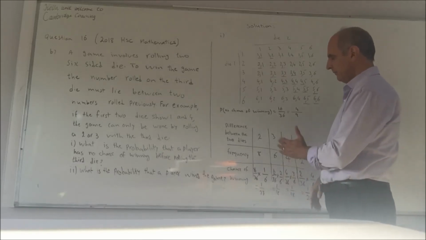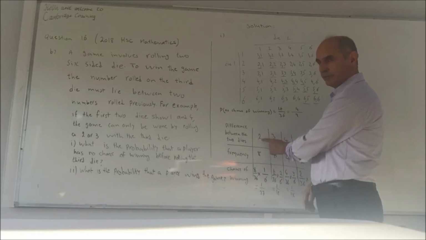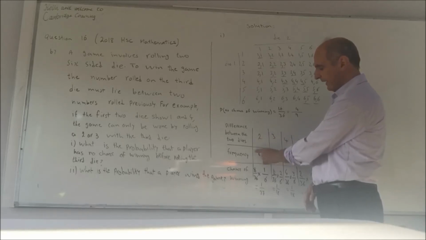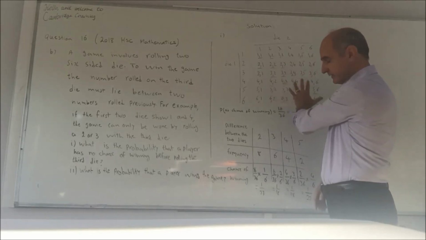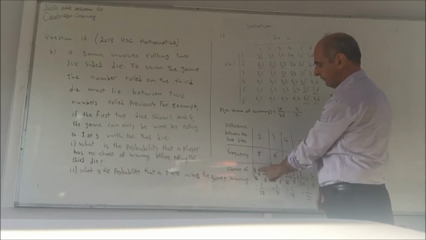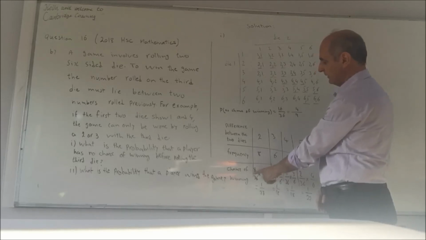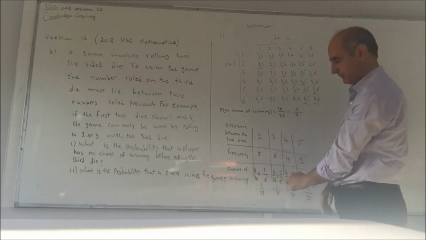Now, for me to have a difference of 2, because it happens in 8 ways here, and I have 36 different outcomes here, I have a chance of 8 out of 36.